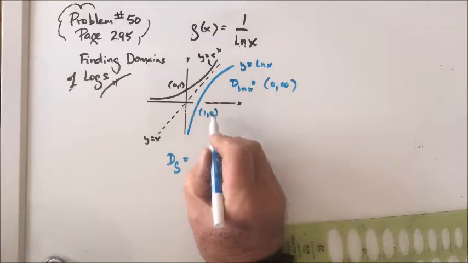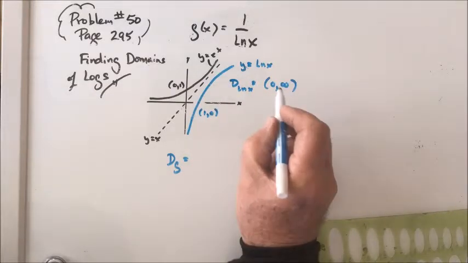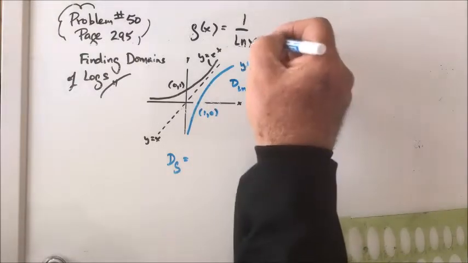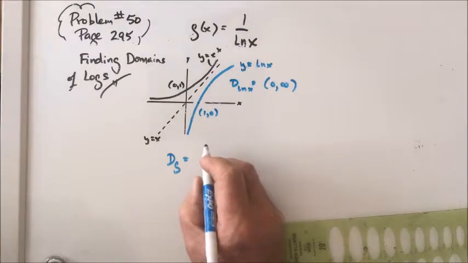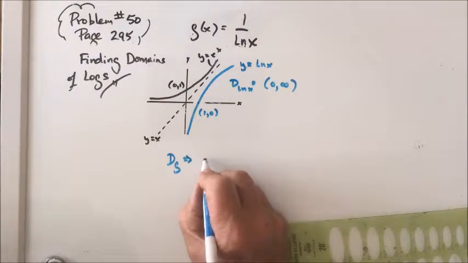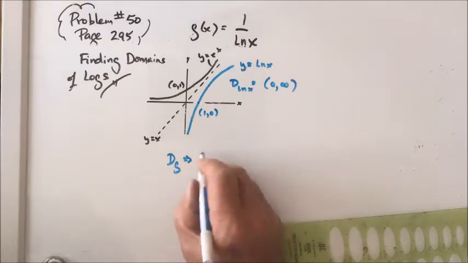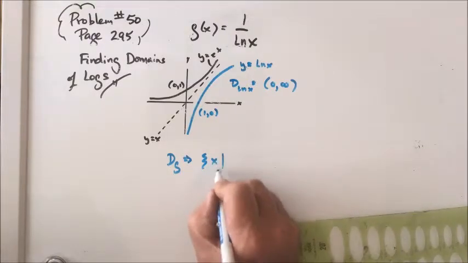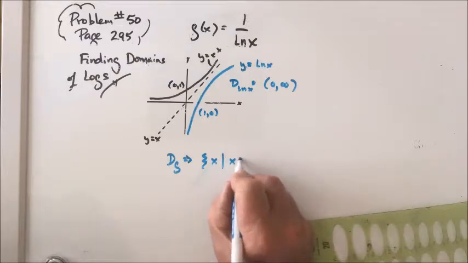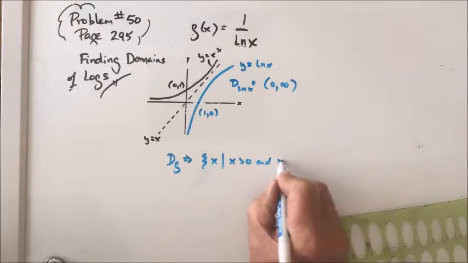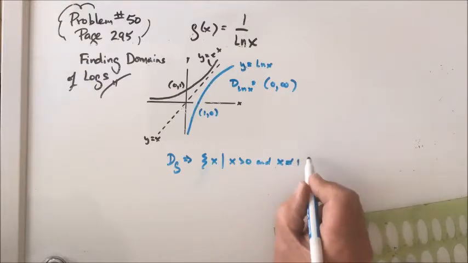After all, that's because 0 is the number that you put on e in order to get 1, and given that log of x can be equal to 0, we can't put it in the denominator. So the domain is all x such that x is greater than 0 and x does not equal 1.